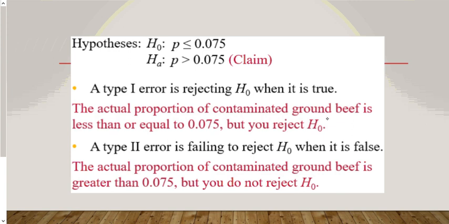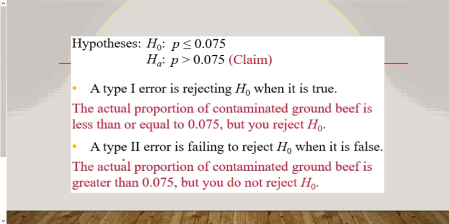What that means in real life is that perfectly good ground beef you are saying is bad. The ramifications of that is you could cause a scare in a whole community, you could hurt local farmers, right? You could cause people to lose a lot of money because they're going to have a recall on beef that was perfectly fine. So that would be the ramifications of a type 1 error.